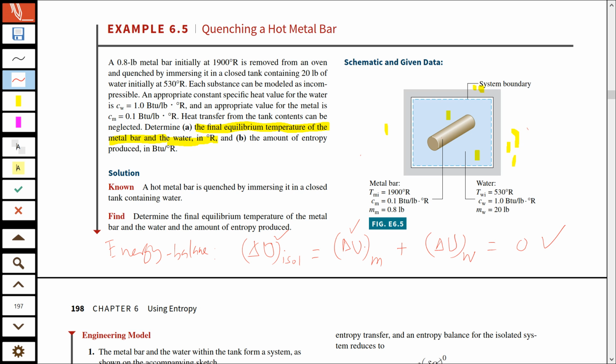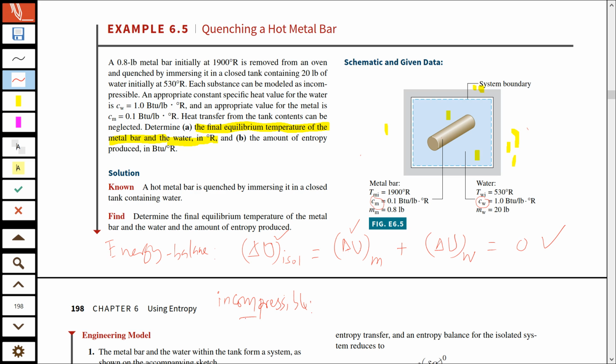So can you now connect this delta U and this delta U to Cm and Cw? Here is the consequence of the assumption incompressible.